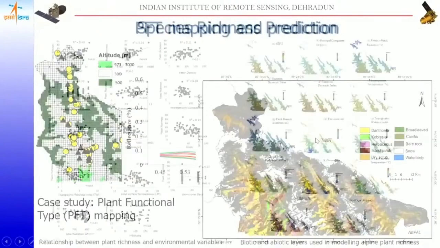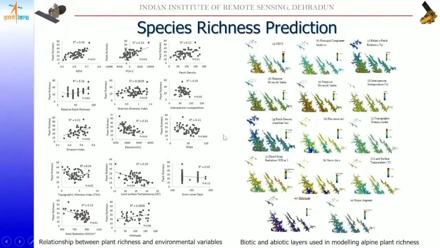Not only the distribution, but we can also derive proxies of the different environmental parameters from remote sensing. For example, solar radiation, snow days, land surface temperature, or hillside, slope, aspect, and elevation.